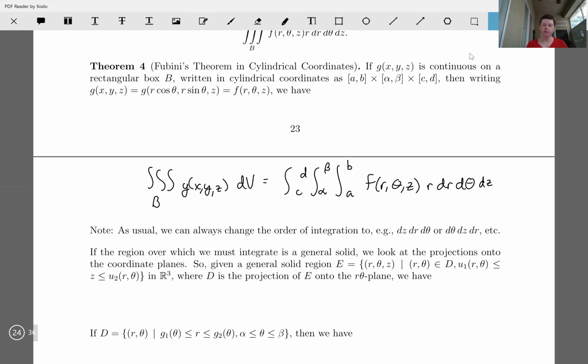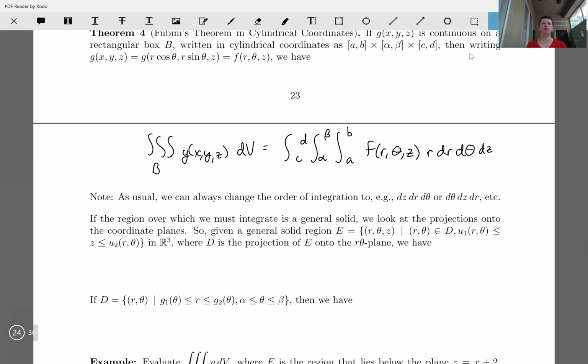So for example, given a general solid region E, where r and theta are in some region D, and z is between two functions of r and theta, D is going to be the projection of my region onto the r theta plane.